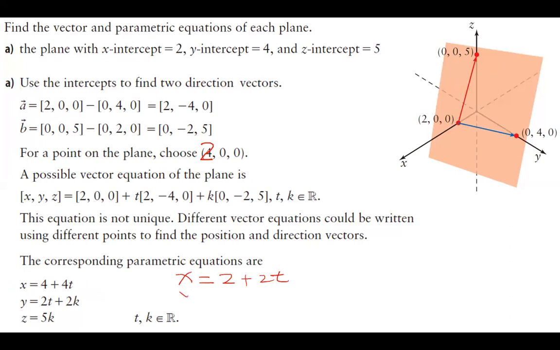Let's correct this. y equals negative 4t minus 2k. z equals 5k, right? Okay, any questions?